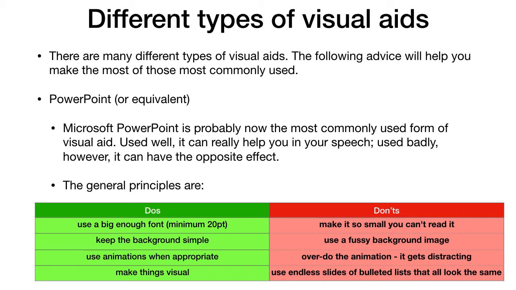Okay, then use animations when appropriate, but don't overdo the animation. It gets distracting and sometimes it annoys your audience. Okay, make it appropriate. And the last one, make things visual. Do not use endless slides of bullet lists that all look the same.